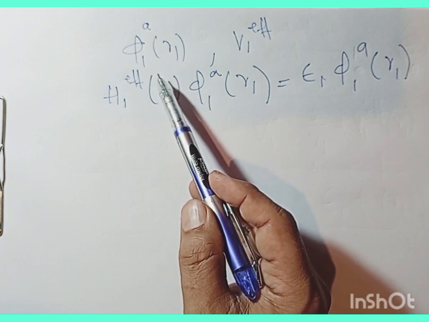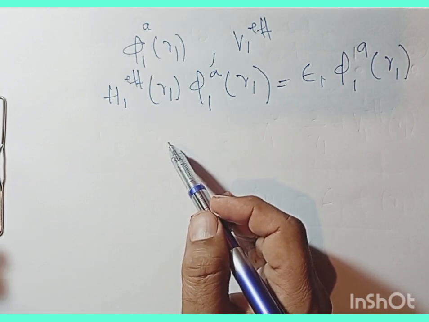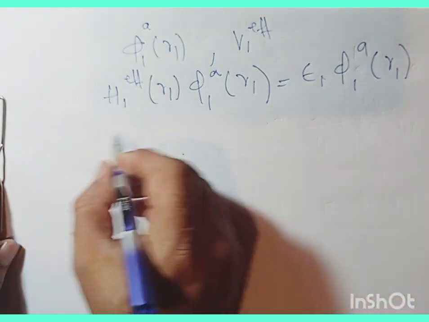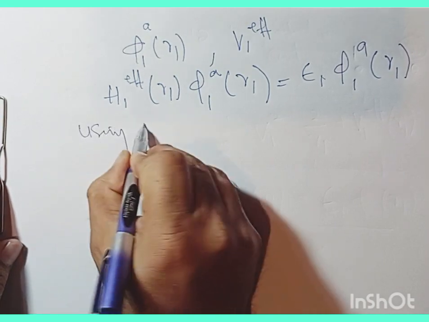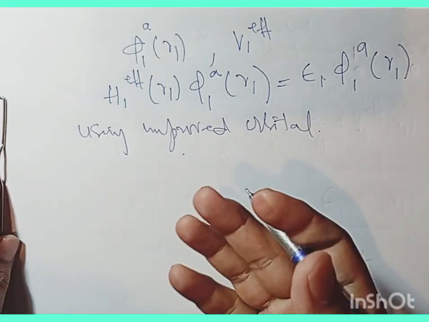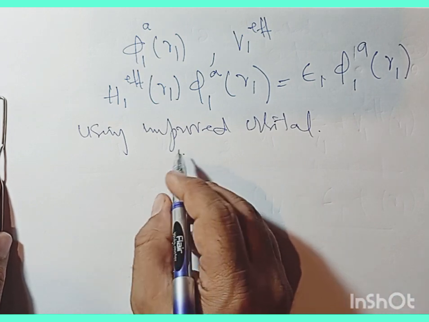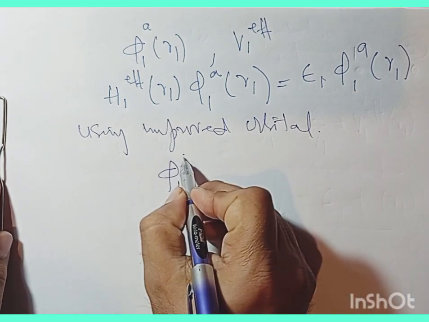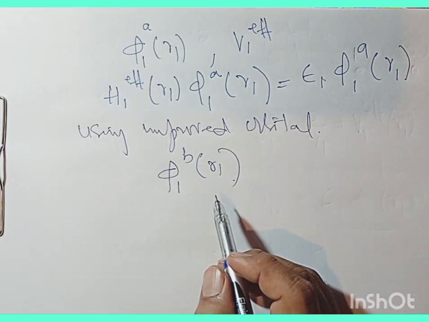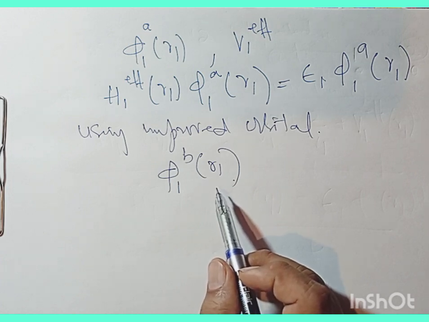So we guessed some phi 1 of R1, we calculated it, and then we iterated and came up with a new orbital. So we have an improved orbital, and using this improved orbital, by guessing some approach and using another state, say phi 1b R1, we do the same thing: we calculate the effective potential and then solve the Schrodinger wave equation for an updated orbital.